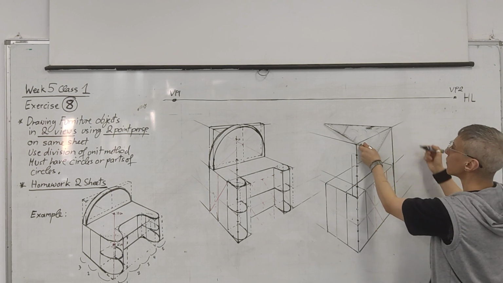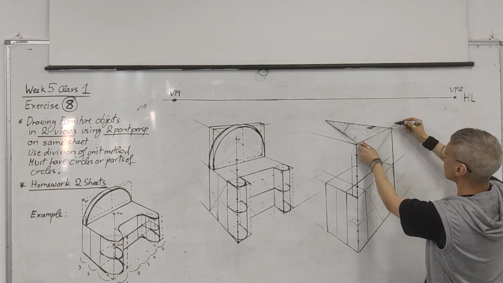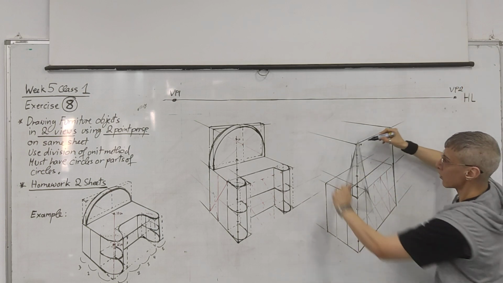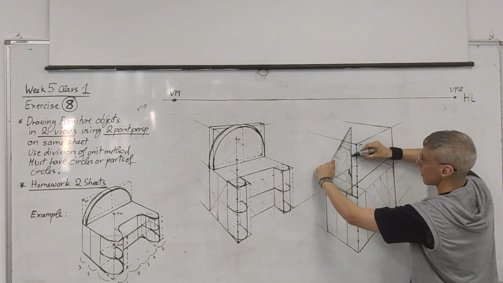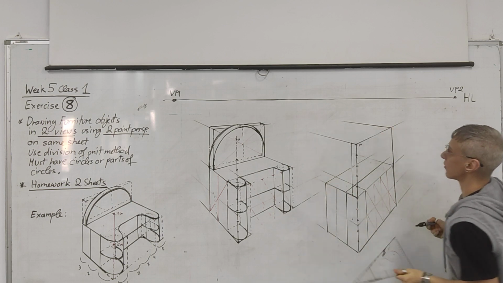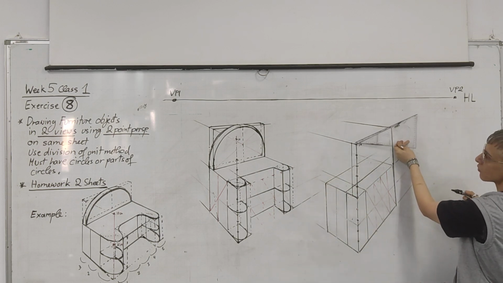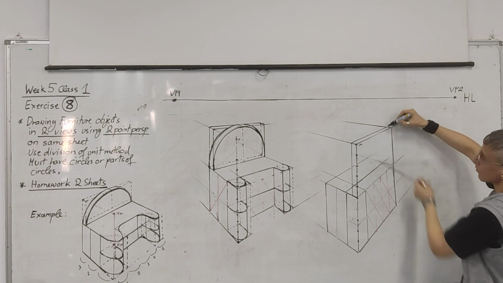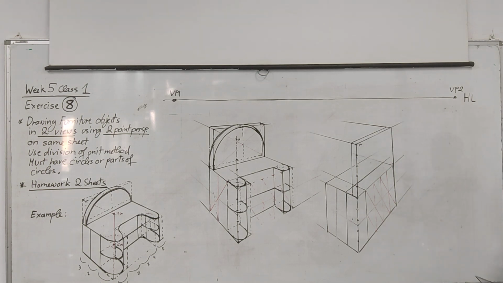Okay, now from here I will take also to that vanishing point. This line we already know, but we have to take her up to see where it will intersect here. Then again to the other vanishing point, where it will intersect here. Here is the end. Okay.